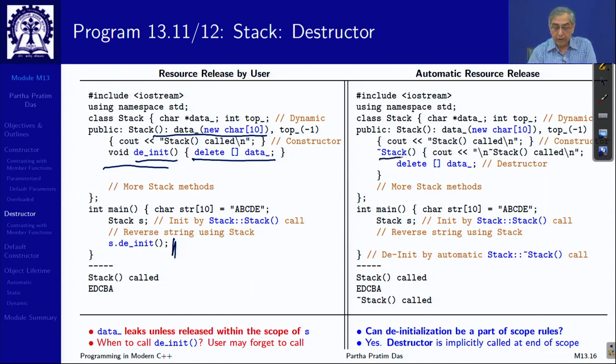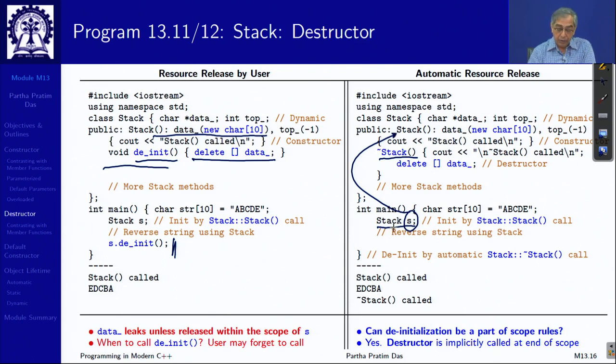So what C++ provides is a destructor, which also is the class name preceded by the tilde symbol. That is a peculiar way of naming it, which you do not use anywhere else, and that will get called at an appropriate time. So you have declared the stack here. Here the constructor has got called.